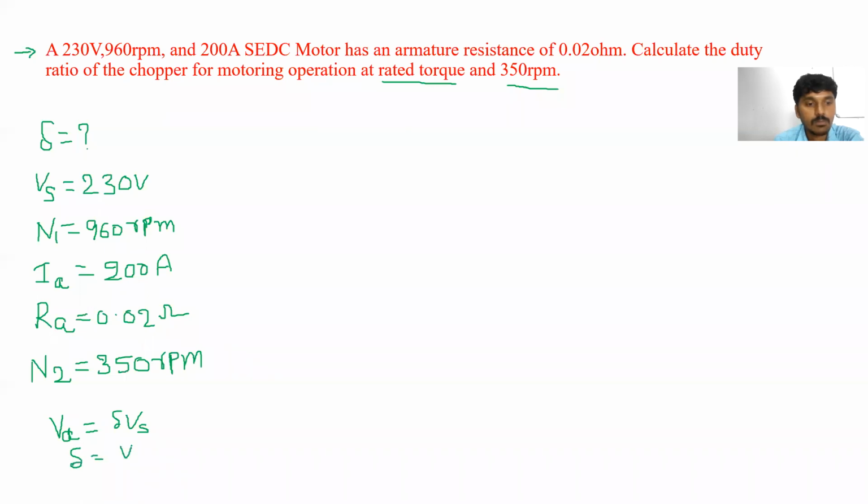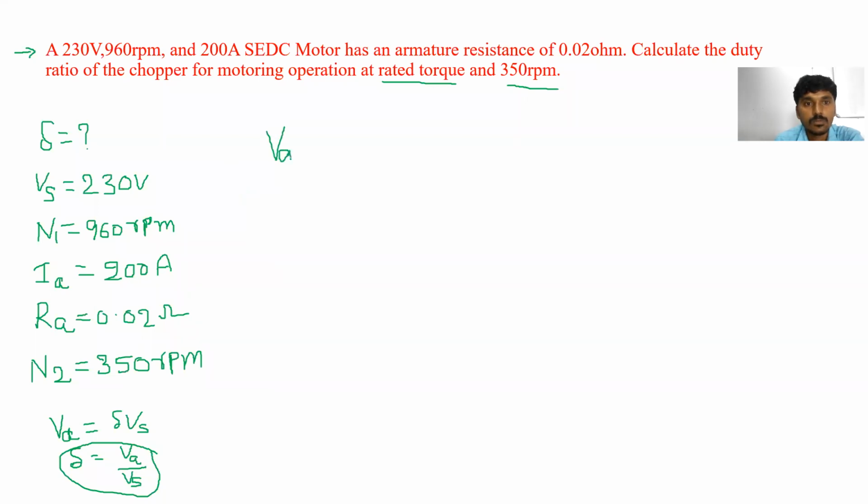Delta is equal to VA by Vs. Clear? So for finding this duty cycle or time ratio, we need to know the value of armature voltage as well as the value of supply voltage. But here it has already given the supply voltage Vs 230 volts, but we don't know the value of VA. So we have to find out the VA.